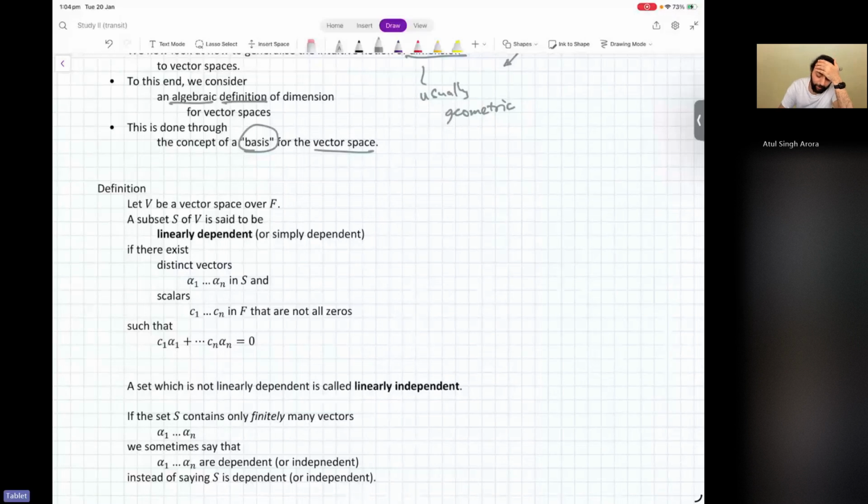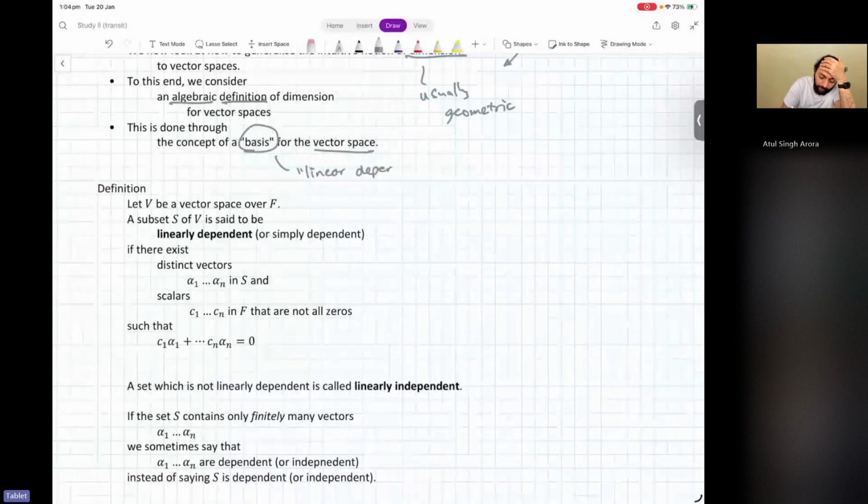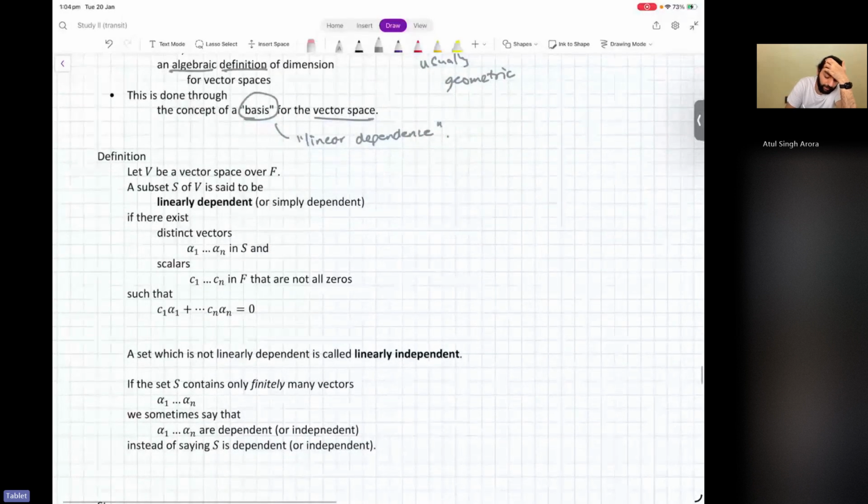Before I define a basis, I'll need to define something called linear independence, or linear dependence. This is stuff you've already seen, so let me quickly state the definition.